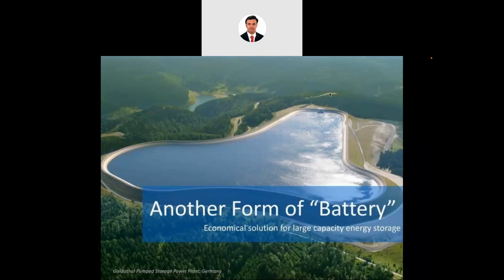We can also call this one type of battery. Like in a battery, where we store electricity mostly in the form of chemical energy, similarly in this case we are storing the excess electrical energy in the form of potential energy of the water or in the form of compressed air.